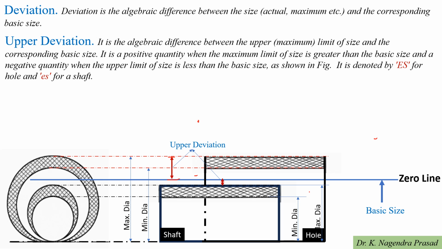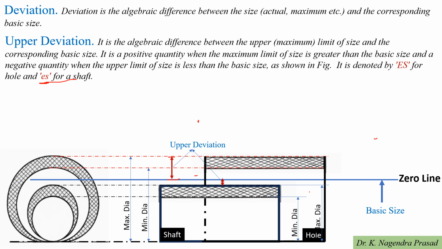If the upper limit is greater than the basic size, it is a positive quantity, and if the upper limit of the size is less than the basic size, it is a negative quantity. And in general, upper deviation is denoted by capital letters ES for the hole and small letters es for the shaft. So remember, always represent capital letters for the hole and small letters for the shaft.